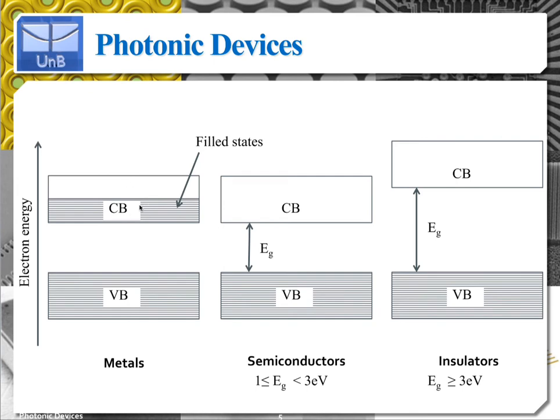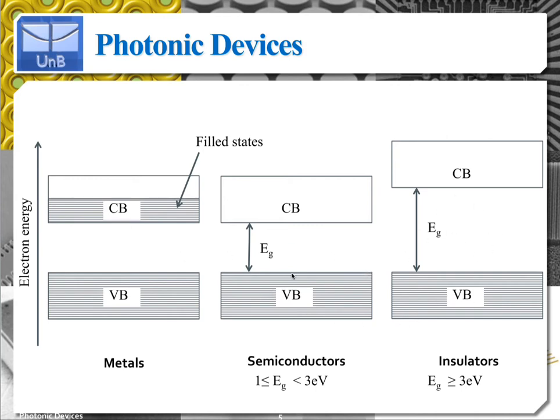It might be that you have two bands here which overlap, but in either case, the lines represent the occupied states. The electrons do not have to overcome the entire band gap in order to move to the next available level, as would be the case in semiconductors and insulators.